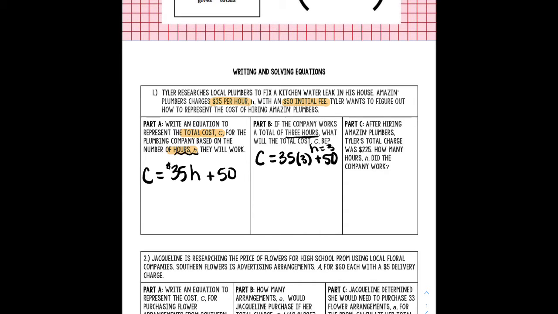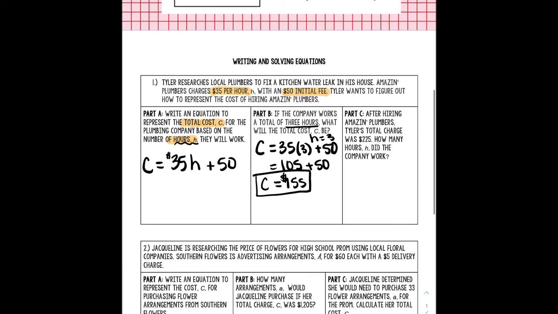So I would go ahead and start using that. That is what you're going to need to be able to know how to use for the STAR test. Okay, so 35 times 3 is 105, and I still need to add 50 to that. So 105 plus 50 is 155. So my total cost for 3 hours is going to be $155.